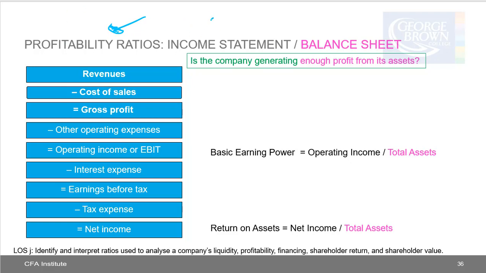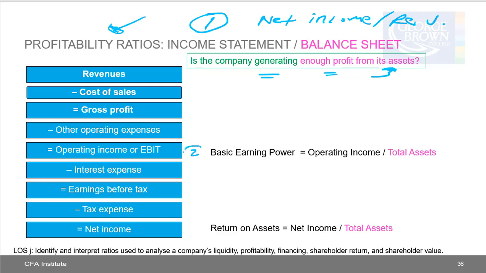And the first one was the net income margin, which was net income divided by revenue. Okay, so we saw that on the previous slide. But again, the question is saying, is the company generating enough profit from its assets? So therefore, we're going to look at 2 more ratios in this section under profitability.